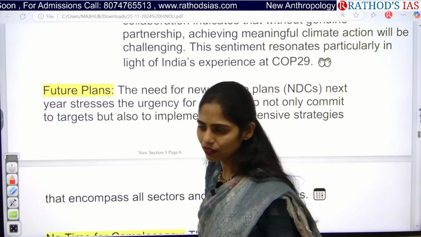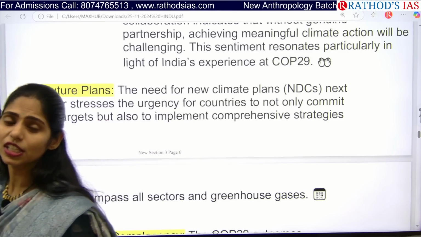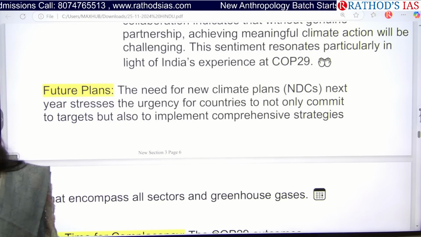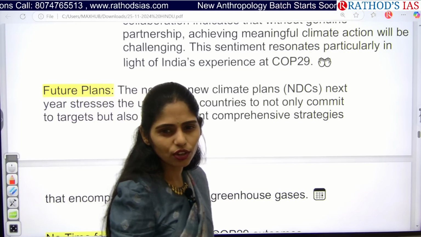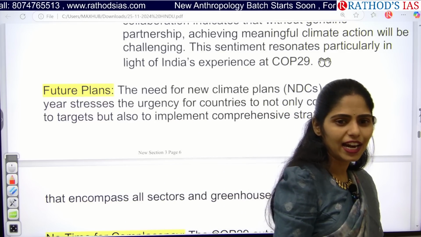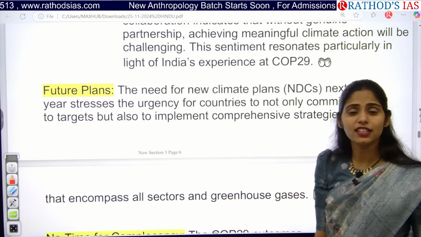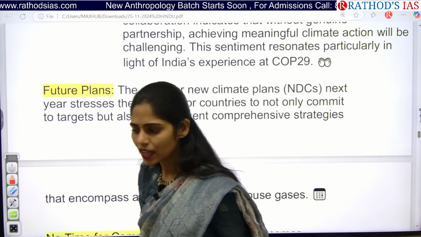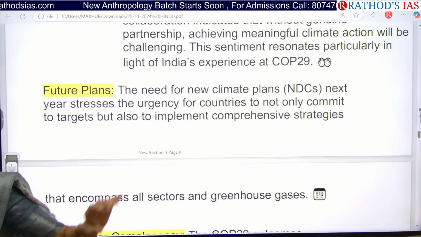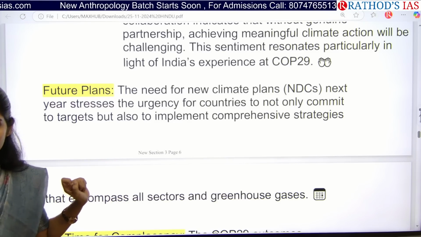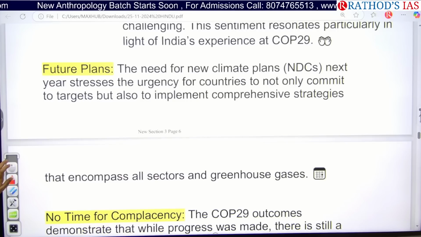We are experiencing a lot of climate events like increasing cloudbursts, heat waves, wildfires, landslides, and very heavy rainfall in the recent year in AP and Telangana. Because of all these things, we need to come up with new climate plans. So this is what is mainly said here.